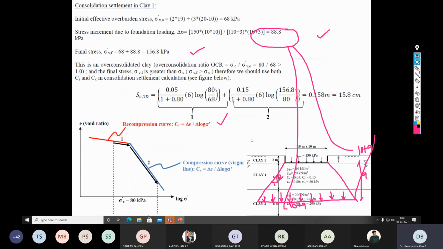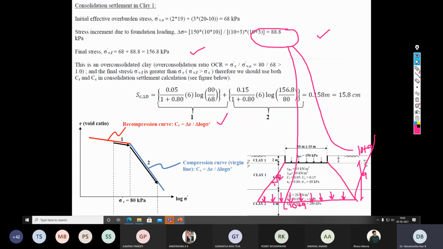Okay, but here one of the important steps that you need to understand is, we have calculated sigma v naught dash, delta sigma and sigma f dash. So this is an important statement. Among the two terms included in the SC1D equation, do we need to use both together or only one? That will be decided based on the over consolidation ratio.